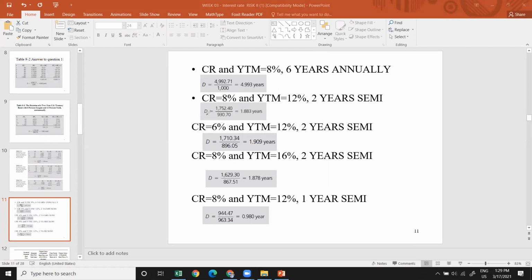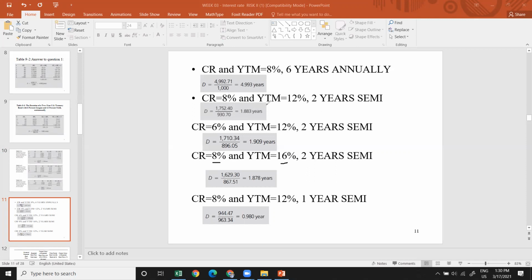So duration is given here. So for different rates, we're measuring the coupon rate is 8% increasing and increasing the YTM at the same time and reducing the number of the years of the maturity itself. So we can draw the conclusion in here, the following: if you increase the coupon rate, the duration will be reduced.